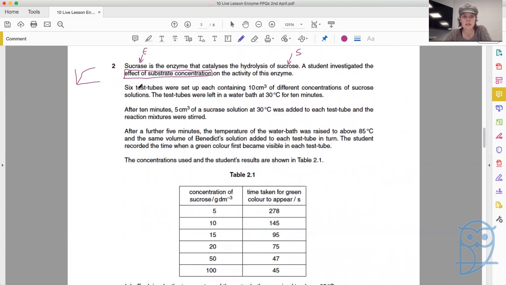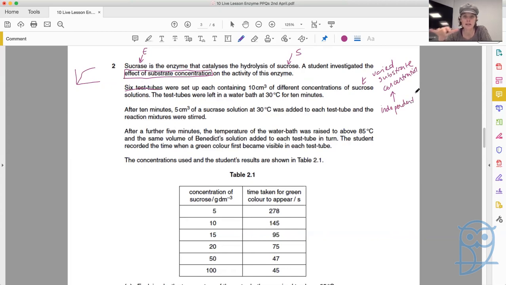6 test tubes were set up, each with 10 centimeters cubed of different concentrations of sucrose solutions. So we have varied substrate concentration, which means that this is our independent variable.